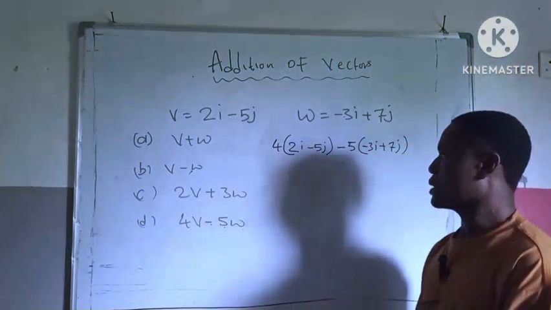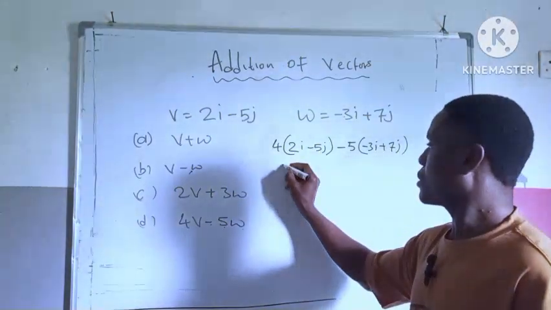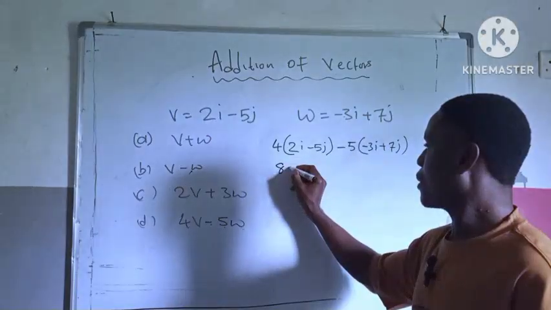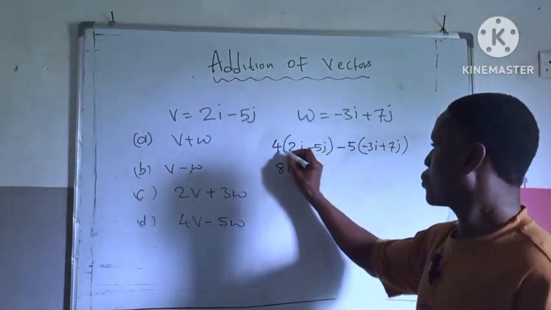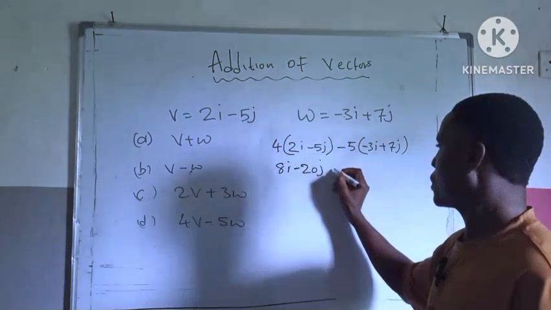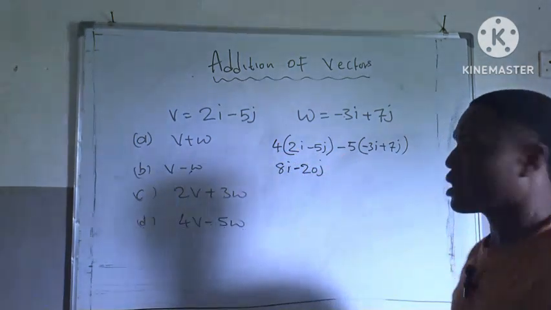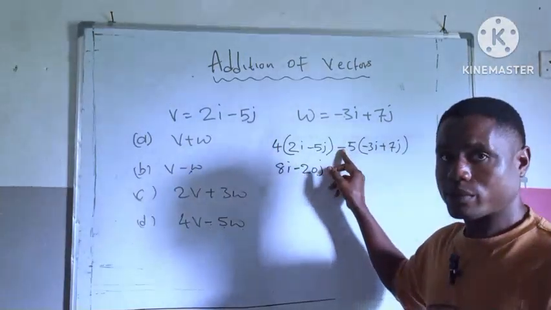So let's open the bracket. 4 times 2 is 8. You have i, so you put i. Then you have minus sign here, right? So 4 times 5 is 20. You have j, so you put j. Okay, now look at this sign here. We have minus, right?